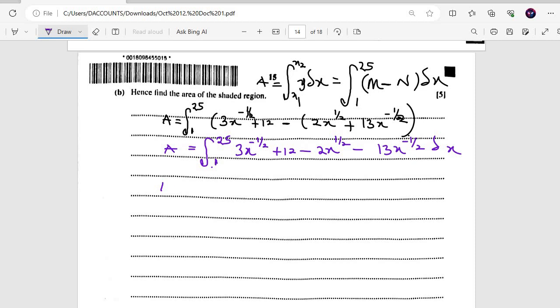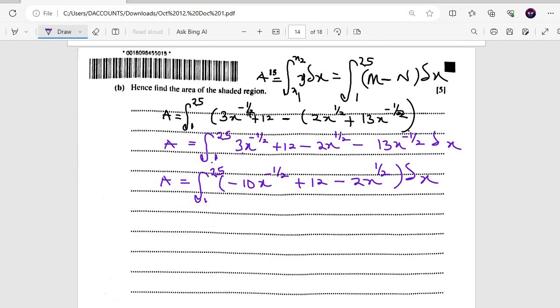At the end of the day, our area, I'm here to integrate, that's why I'm still putting this. So 3 minus 13, of course, minus 10x to the power minus half plus 12 and minus 2x raised to the power half. Now I've simplified them, then I can now integrate.